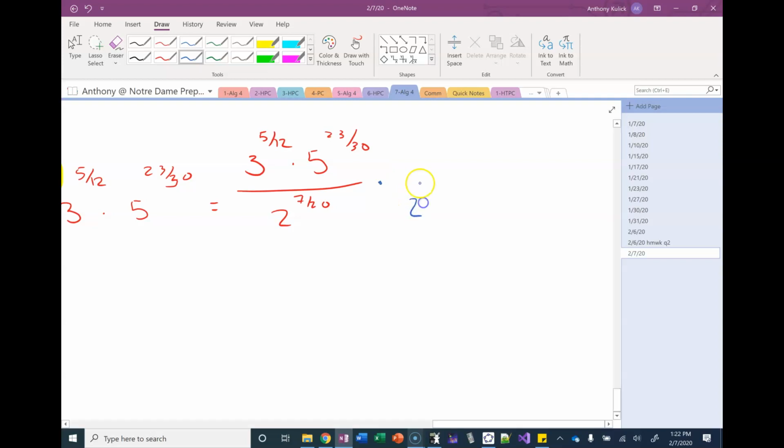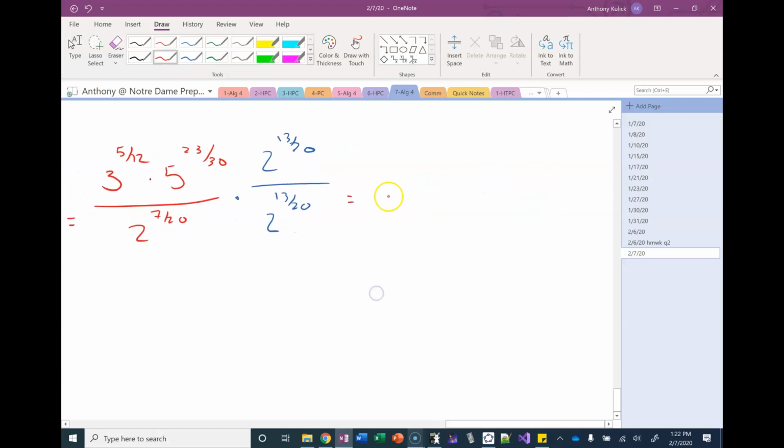So I'm going to multiply the top and bottom by 2 to the 13/20. Are we okay there?